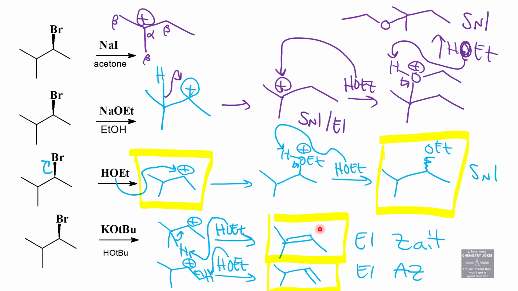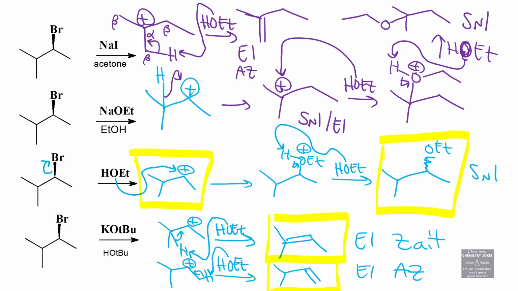So I don't need to draw a second way that the same product is made. There is a second way, but I'm worried about making new and different products. So I'm going to take my ethanol and pluck a hydrogen there, and amidst all this chaos, this is my E1 anti-Zaitsev.